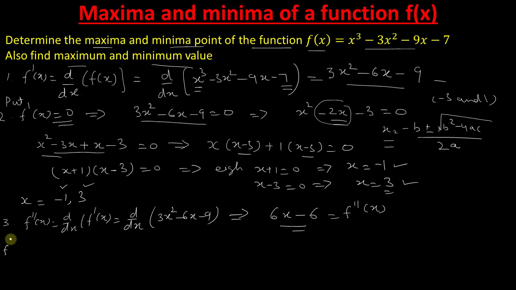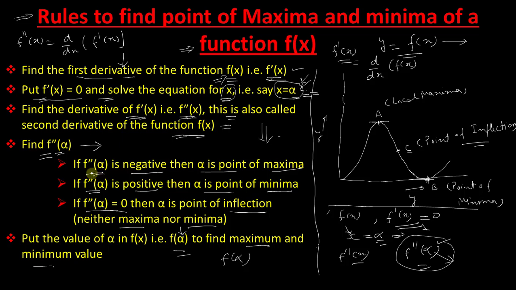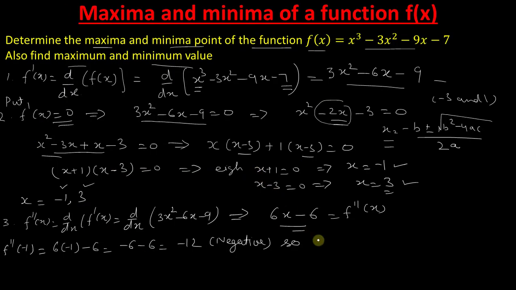How do we find f''(−1)? Wherever there is x, we put −1. So it is 6 × (−1) − 6 = −6 − 6 = −12. It is a negative value. If f''(α) is negative, then α is a point of maxima. So −1 is a point of maxima.